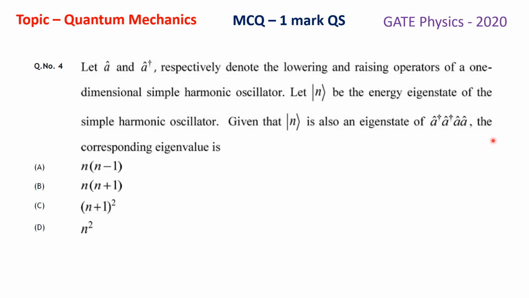The corresponding eigenvalue is option A, n into n minus 1, option B, n into n plus 1, option C, n plus 1 whole square, and the last option, option D, n square. Let us see how to solve this problem.